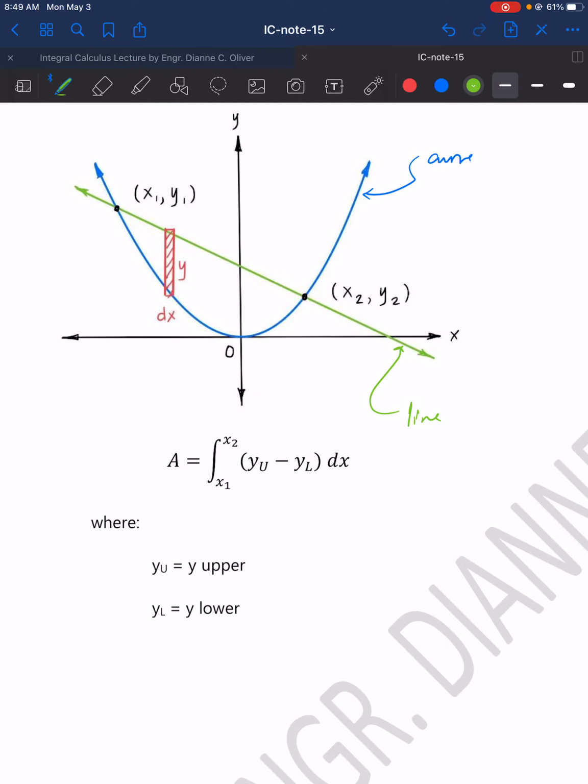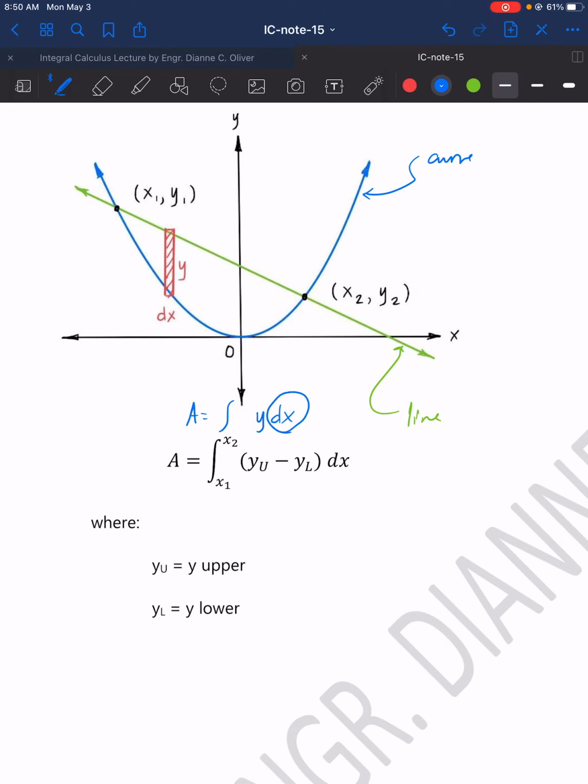These two boundaries intersect at 2 points, x1 and x2. So using the vertical area strip, the area is now equal to integral of y dx.